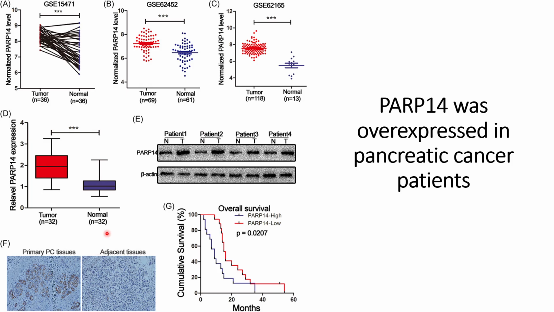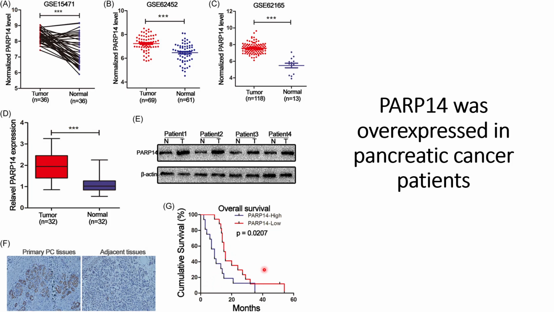And finally they checked the cumulative survival analysis of pancreatic cancer patients that have high expression of PARP14 compared to the case where PARP14 expression is lower, and they saw that patients with high expression of PARP14 have a low survival rate compared to the case where PARP14 expression is lower.